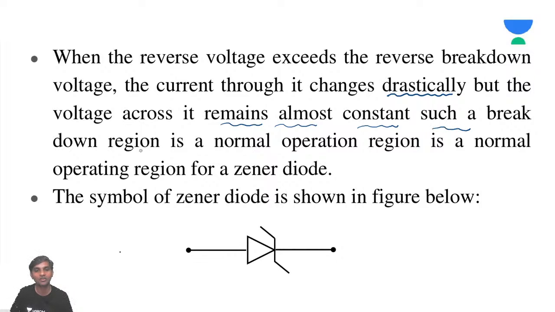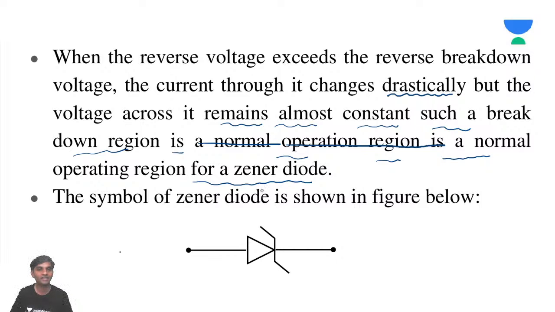Such a breakdown region is the normal operating region of the Zener diode.